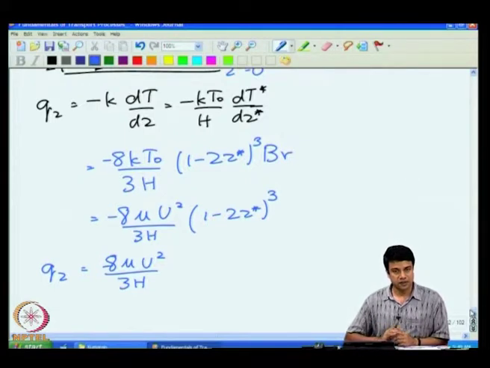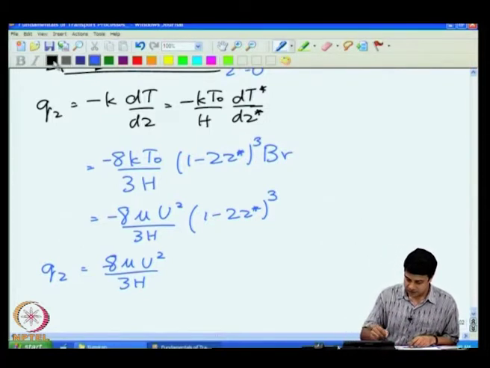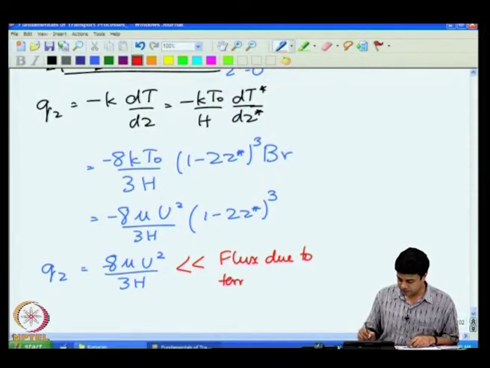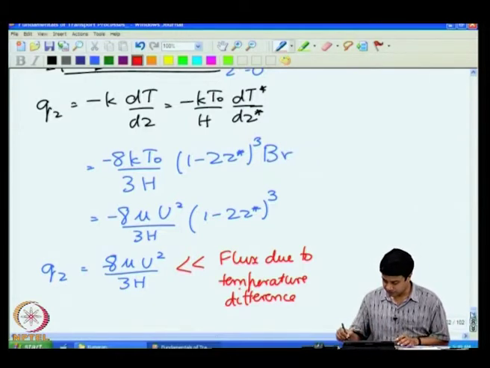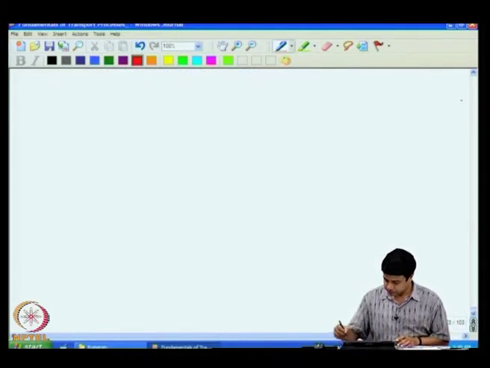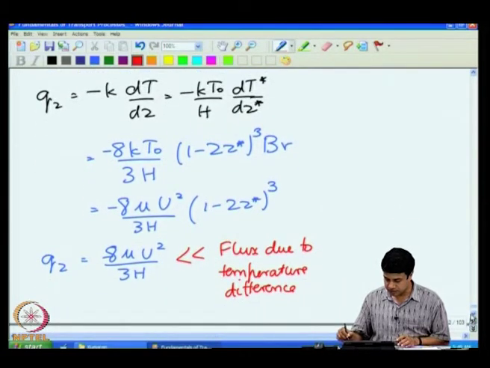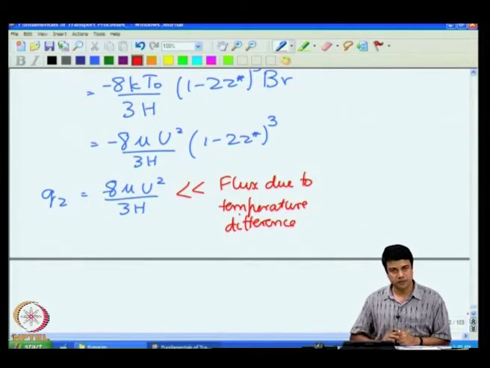Therefore, I can consider heat energy to be separate only if this flux due to viscous heating is small compared to the flux due to temperature difference across the tube wall. It is only under these conditions that I can consider the heat energy and the mechanical energy to be two different things and write different balances for these.